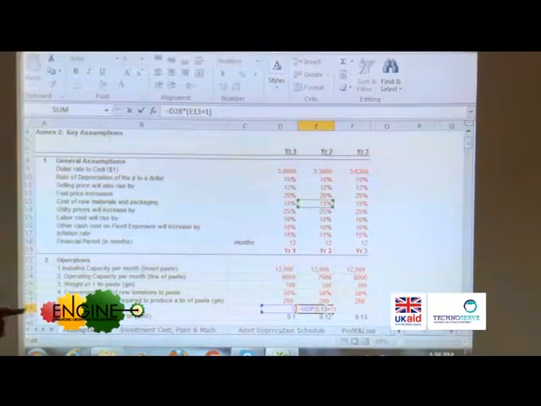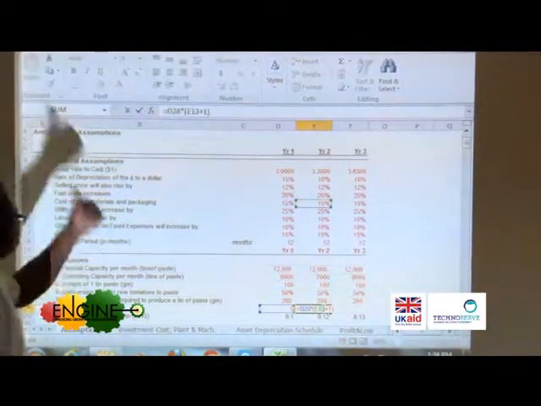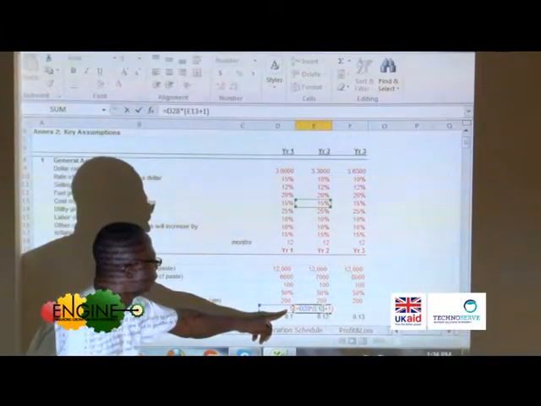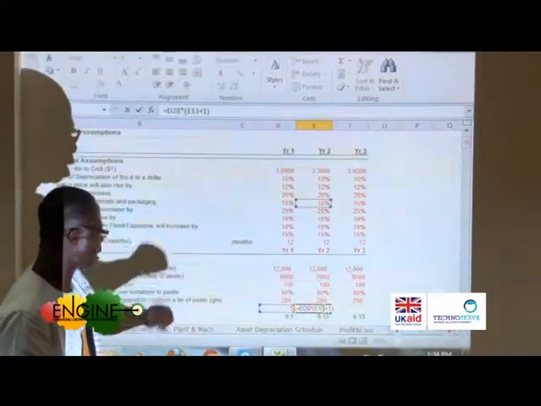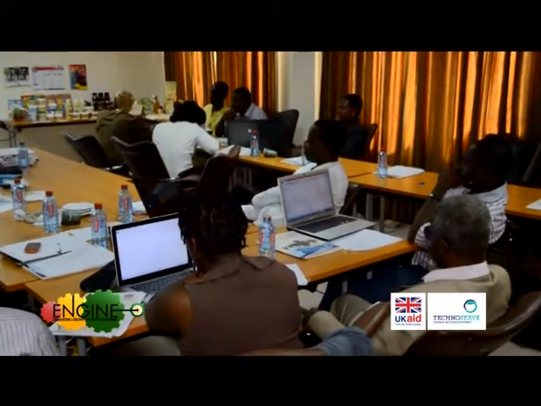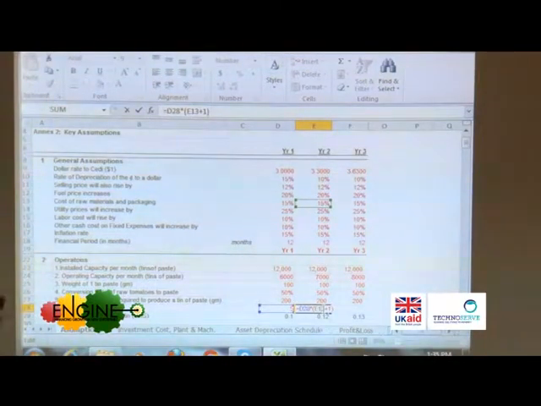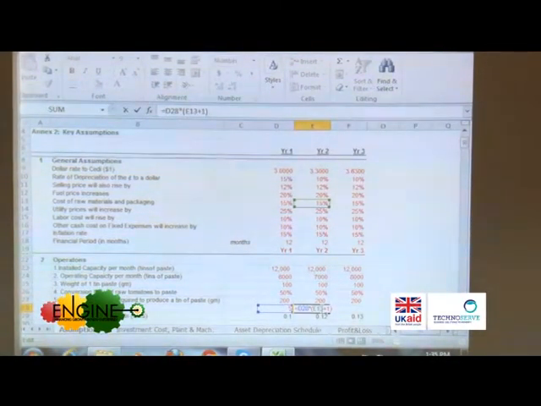That is D28, the price for year one multiplied by the additional cost as a result of inflation or the increase in price, which is 15%. That's how we did it: E13 plus 1, and then you get the new price.